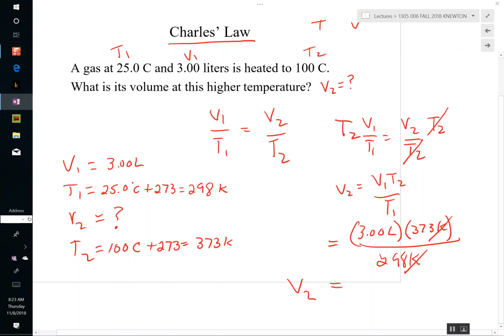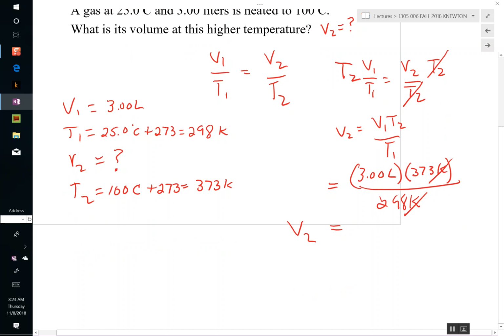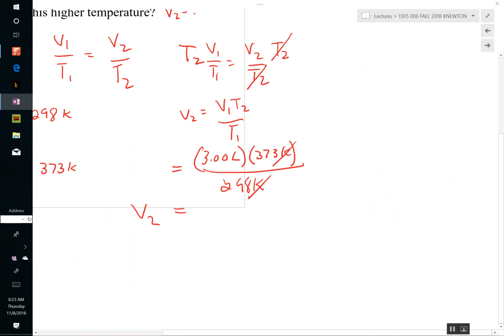That makes sense. We're trying to calculate a volume, right? All right, so what is the answer here? 3.75? 3.76? Yeah. It's 3.7, I rounded it off.